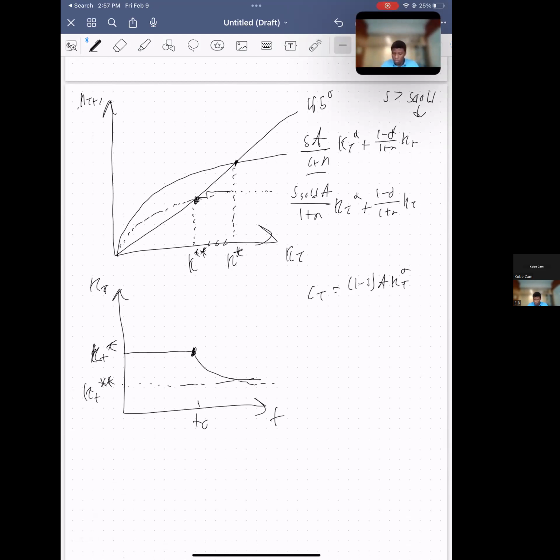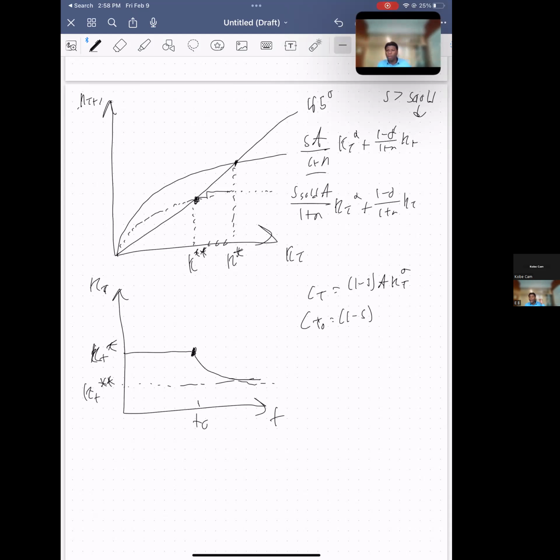So notice our variables, right? Whenever we're trying to think of a direct effect, we need to think of, do any of our variables change? And notice at time 0, our S changes, right?